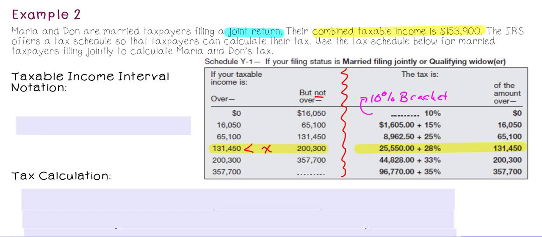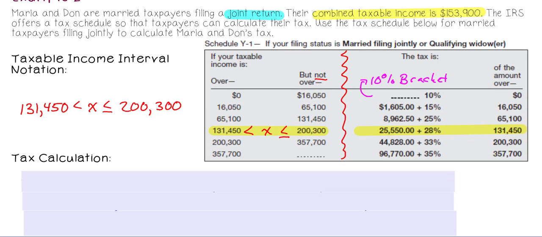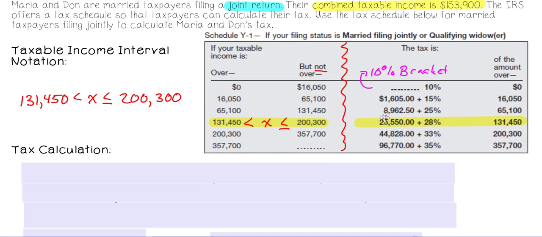But it says, but not over, so that means the X needs to be less than or equal to the 200,300. So that is how we would write our interval notation: 131,450 is less than X, which is less than or equal to 200,300.